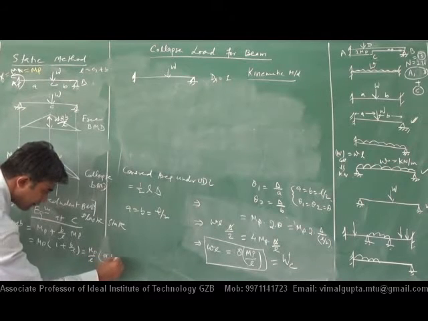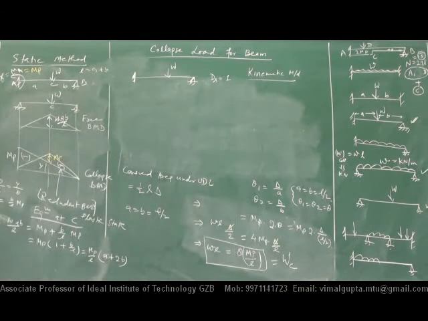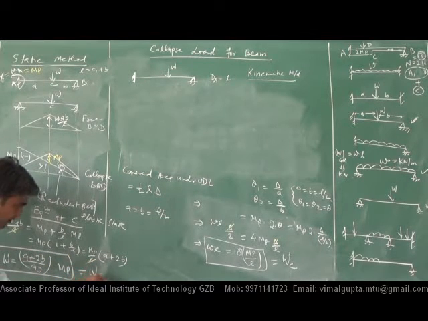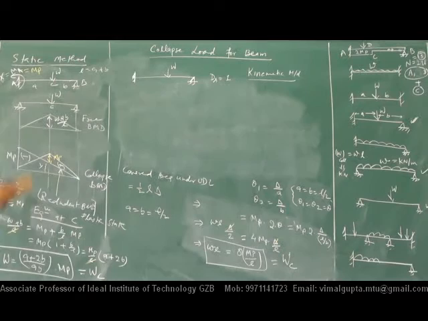It will be A plus 2B, and the left side has W AB by L. So that L will cancel out. So what will be the value of capital W? W will be A plus 2B divided by AB times MP, and that will be your collapse load for that case.